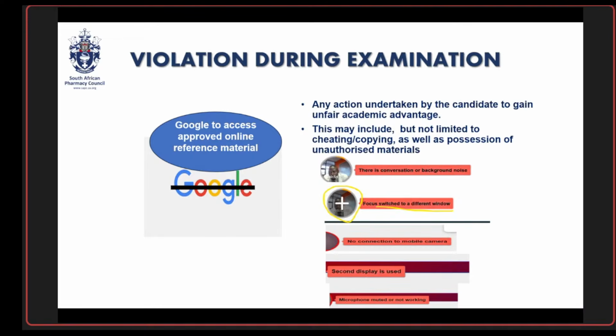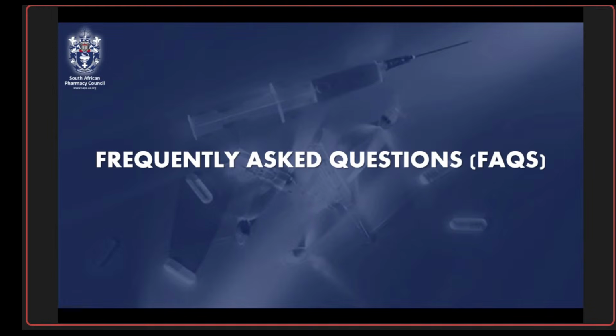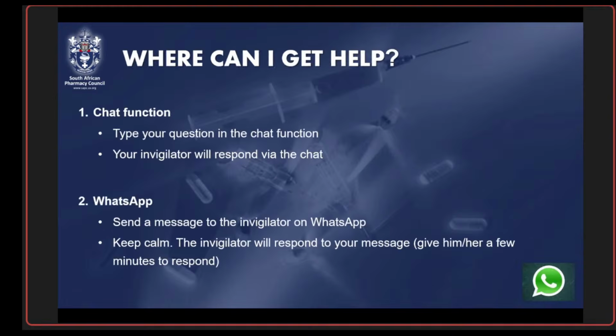So if there's any conversation in the background, your invigilator will let you know, or if you lose focus of the window, or if there's a disconnection of your mobile phone, or if you're using a second screen, or your microphone is muted or not working, the invigilator will warn you. But then if you do not correct whatever has been discovered, you might be removed from the examination altogether. So these are just the frequently asked questions.